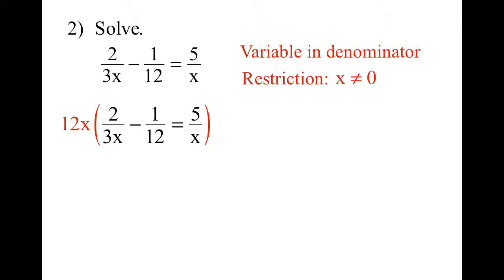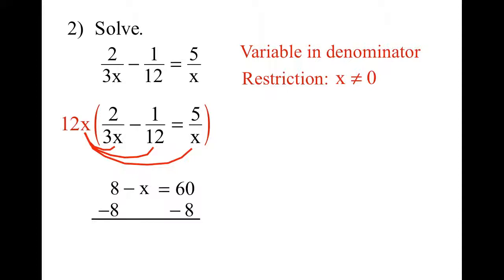So I distribute the 12x. When I multiply 12x, I can cross cancel, times 2 over 3x, and I'm left with 4 times 2 is 8. I can cross cancel the 12s, and x times negative 1 is negative x, and I cross cancel the x's, and I'm left with equals 60.